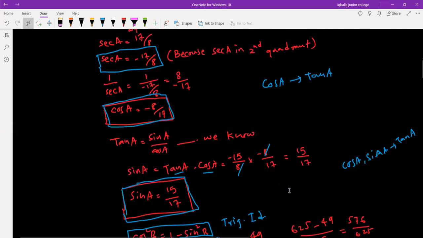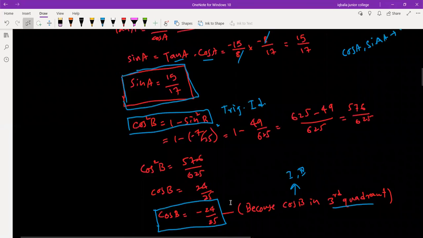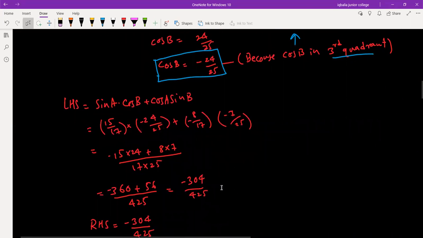According to the question, if I am taking this as the left hand side and this as the right hand side, then in the left hand side we have sin A into cos B plus cos A into sin B. I put in all the values and simplify.